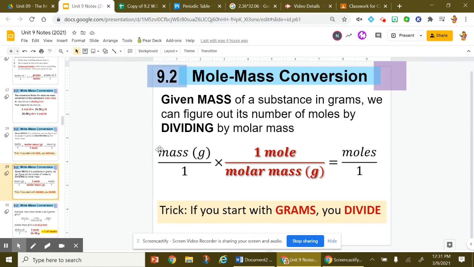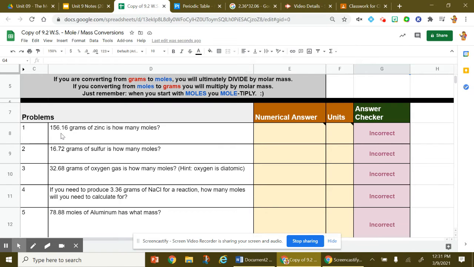On the other hand, if you're starting with mass and converting into moles, you divide by the molar mass. So that's all you're going to be doing here. You're going to be taking your starting amount, for example, 156.16 grams of zinc, and converting it into moles. When you're going from grams to moles, you divide by molar mass.